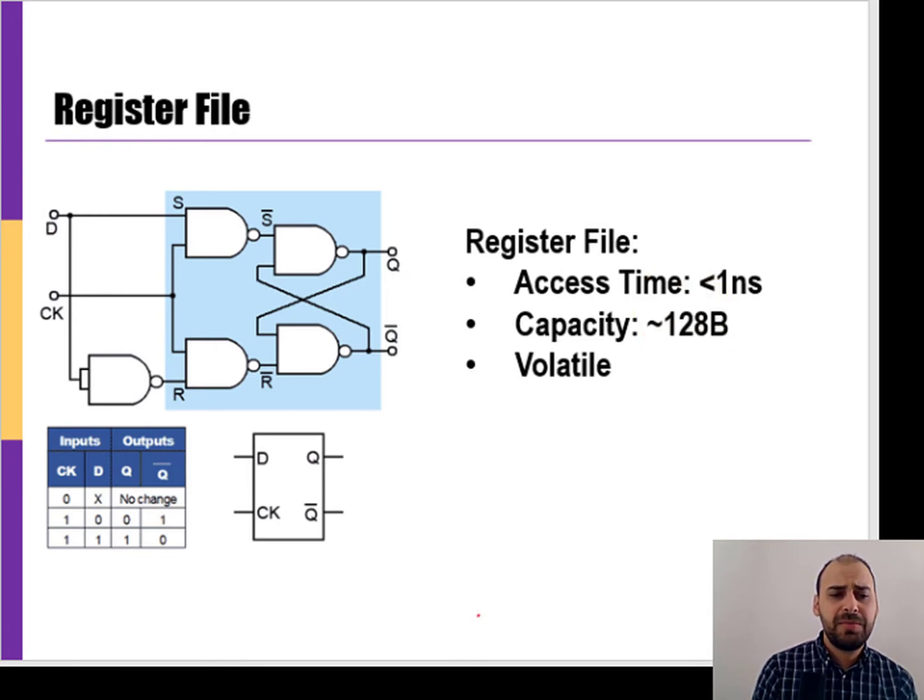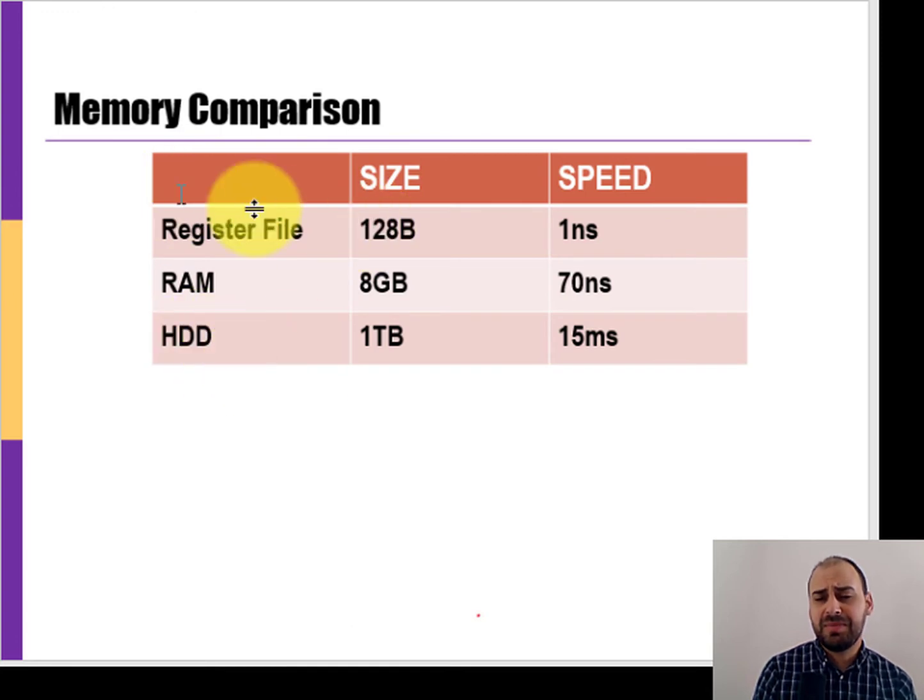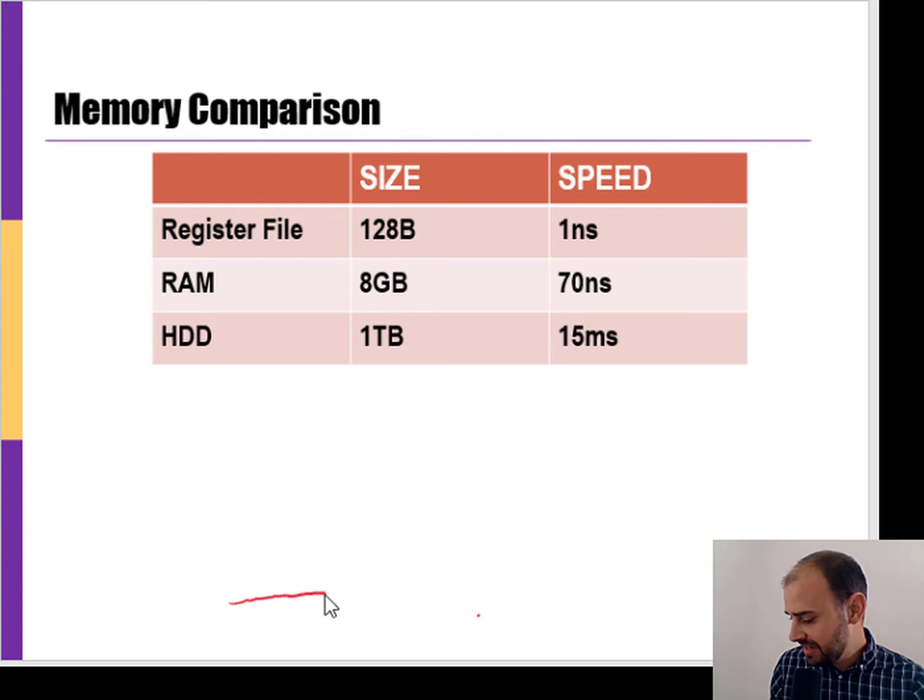So if we put these on a table, we start seeing something along the lines of this, right? Where we can even draw something to get a sense of this, where if we wanted to say the size of something down here, if we looked at, say, your hard drive, the hard drive has a lot of storage.